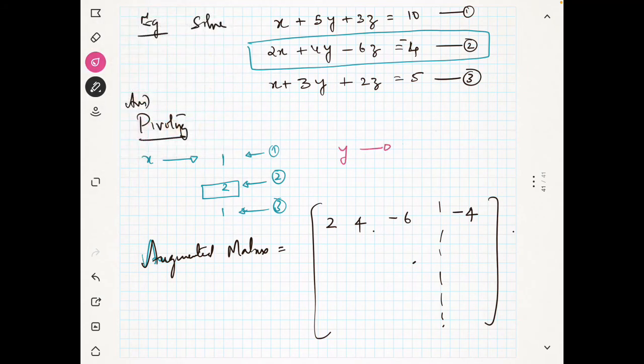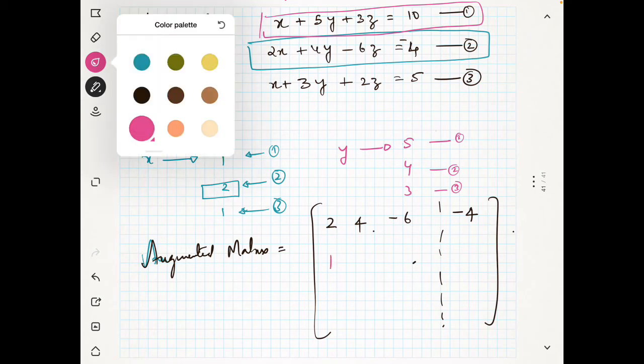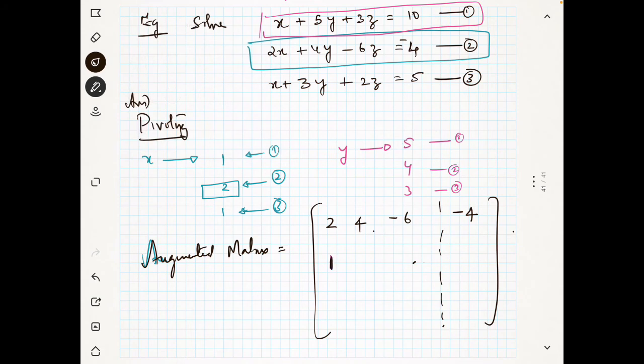For y, you see the coefficients are 5, 4 and 3, from equation 1, equation 2 and equation 3. So which is the big one? Yes, this equation has a very large y coefficient. So I will write this one next. So this is 1, this is 5 and this is 3 and this is 10.